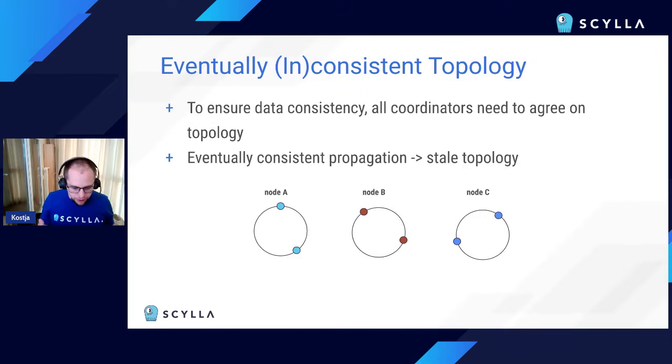So just like with schema, Scylla stores this information persistently on every node. Every node is allowed to have a slightly different version of that information, since it propagates eventually. And this, of course, can lead to issues.